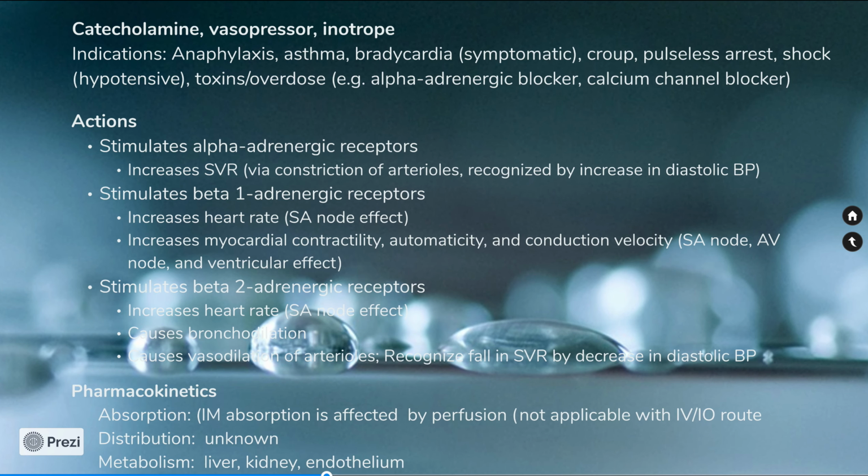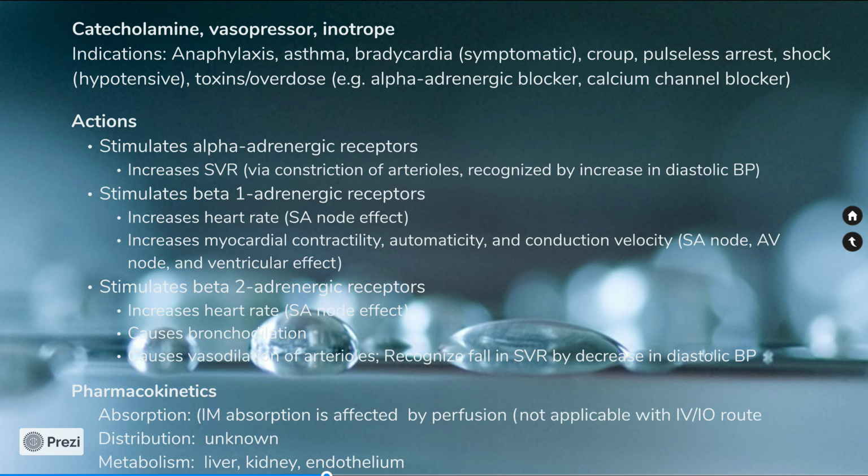So what are the effects of epinephrine? It stimulates alpha adrenergic receptors, beta 1 adrenergic receptors, and beta 2 adrenergic receptors. But the overall effect that we see here is an increase in the heart rate, a dominance of the bronchodilation, and a vasodilation of arterioles.